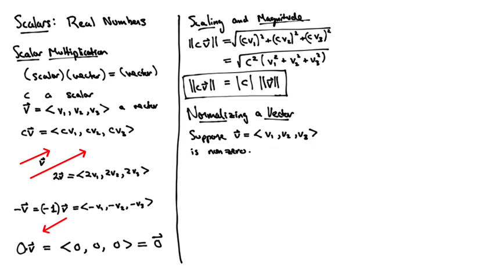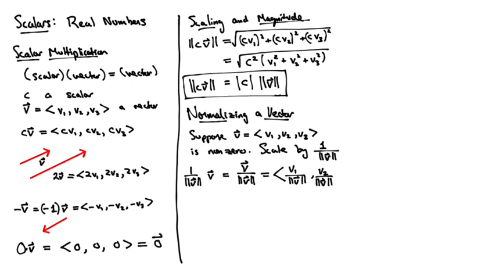And what I'm going to do then is scale that vector by 1 over the length of that vector. Because it's a non-zero vector, I'm not dividing by 0 here. So I'm going to take 1 over the length of v times v. That's my c there. In shorthand, it's v over the length of v, and that just means to take each component of v and divide by the length.